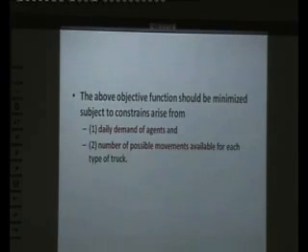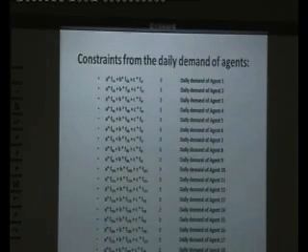and the above objective function should be minimized subject to the constraints arising from daily demand of the agent and number of possible movements available for each type of truck. Let's go to the first constraint. On the left side you can see the transport capacity for agent 1.